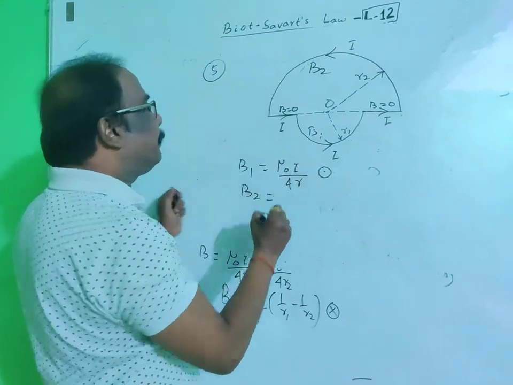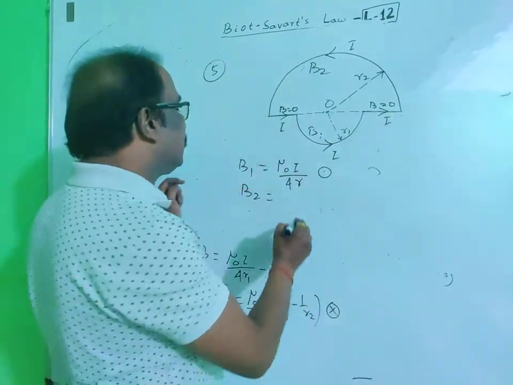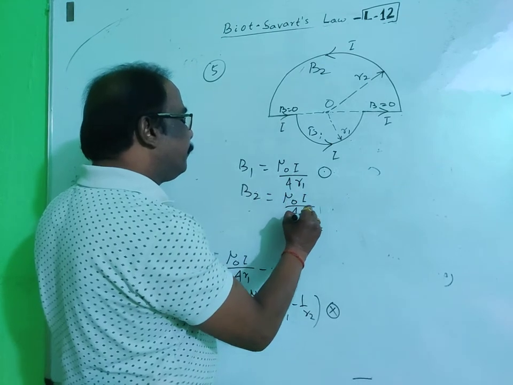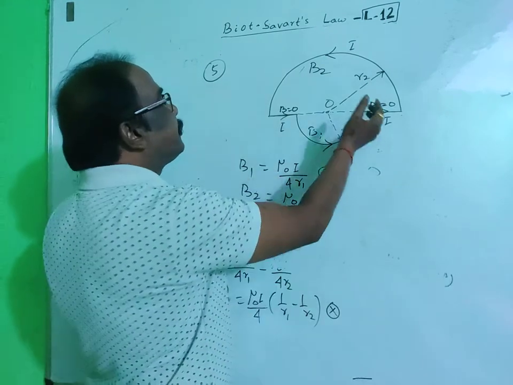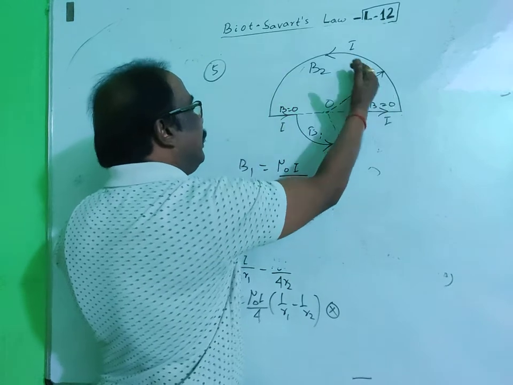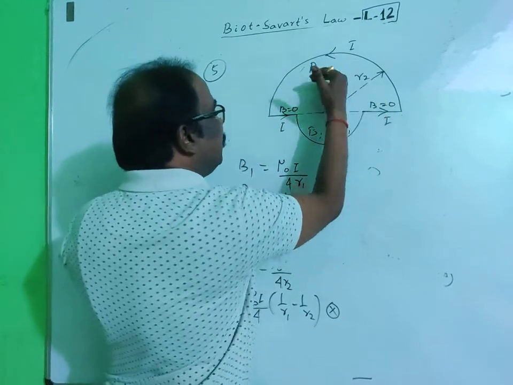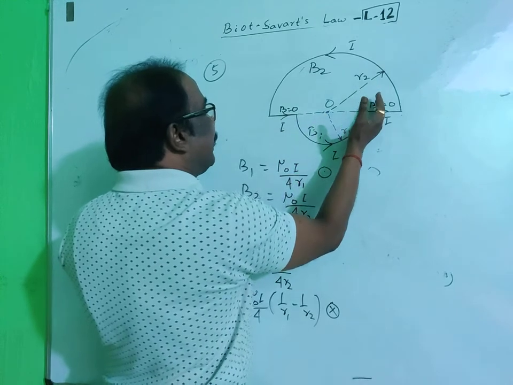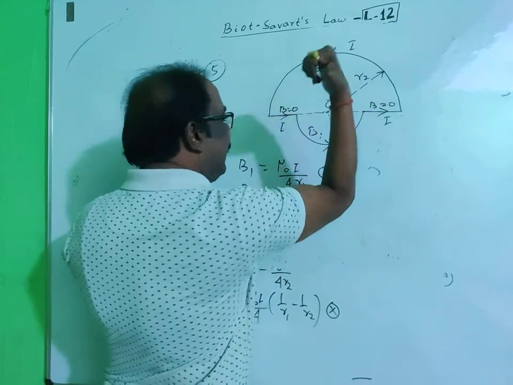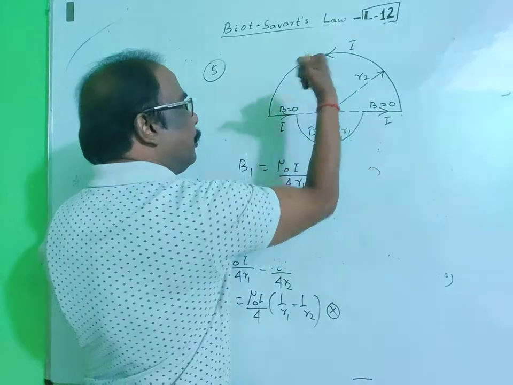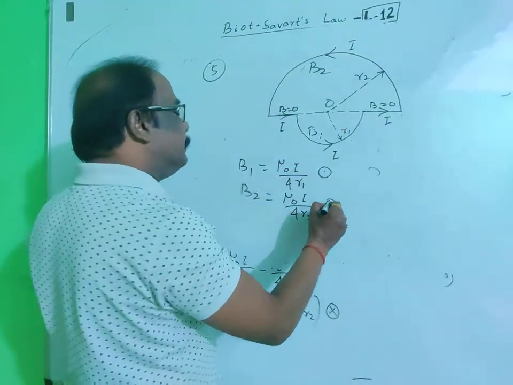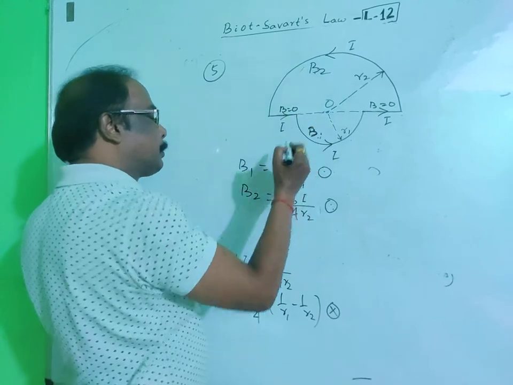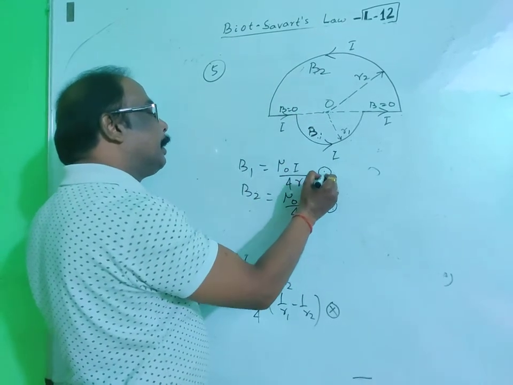Similarly, magnetic field B2 due to the larger semicircle is mu naught I by 4R2, and current is again flowing in anticlockwise order. To get the direction of magnetic field at O, curl your finger. Again it is outward, a dot field. So both magnetic fields due to these two semicircular parts are in the same direction, dot field.